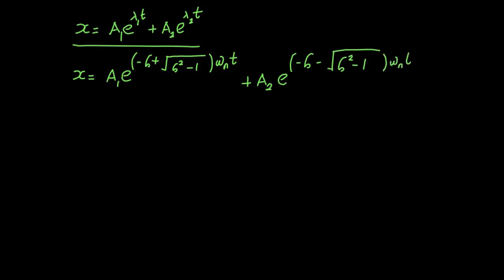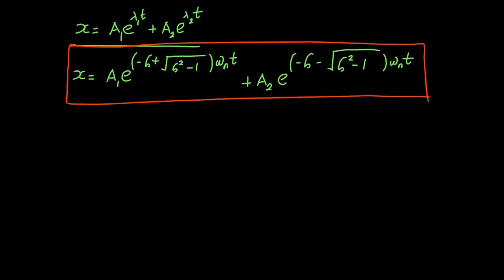All I have done is substitute the values of lambda. So I'm going to put a box. So this is our general solution to the single degree of freedom damped vibratory system. This is our general solution.